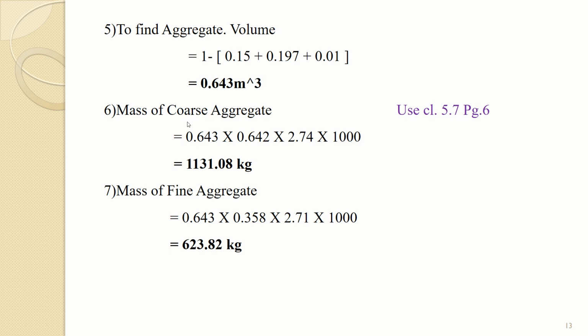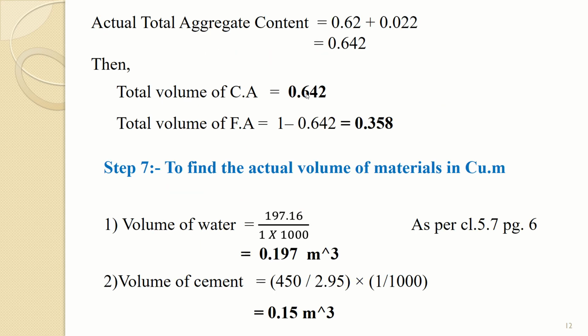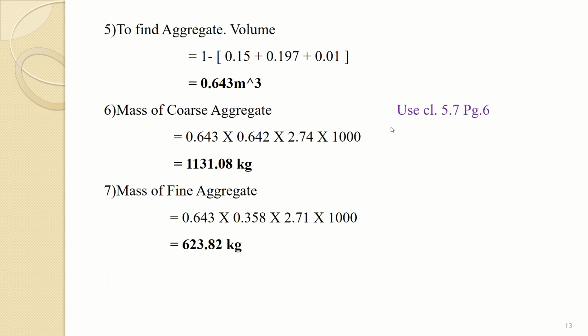Now you have to calculate the mass of the coarse aggregate. In the previous step we have calculated the total proportion. Here you can see 0.642 for coarse aggregate and 0.358 for fine aggregate. So the total aggregate volume multiplied by the volume proportion of coarse aggregate 0.642, multiplied by specific gravity, multiplied by 1000, you will get the mass of coarse aggregate, that is 1131.08 kg.